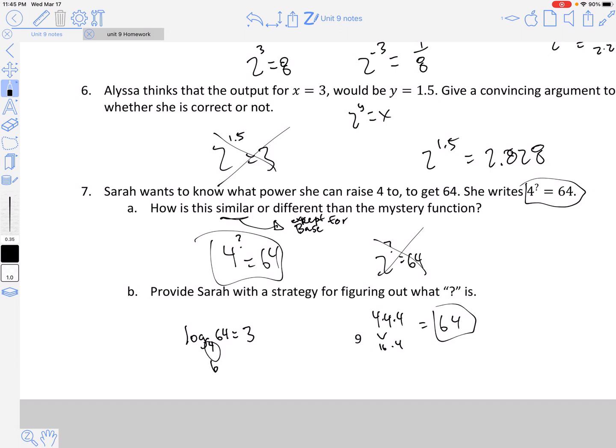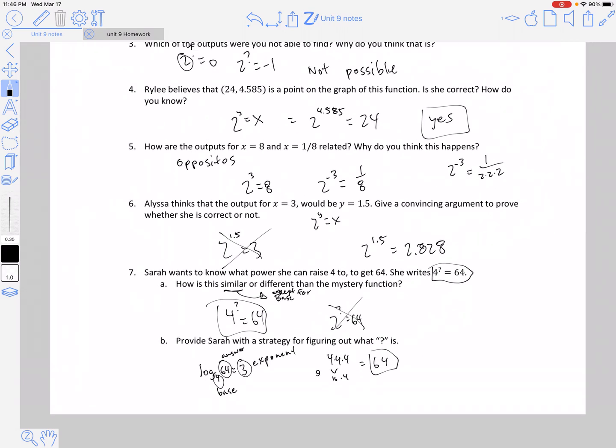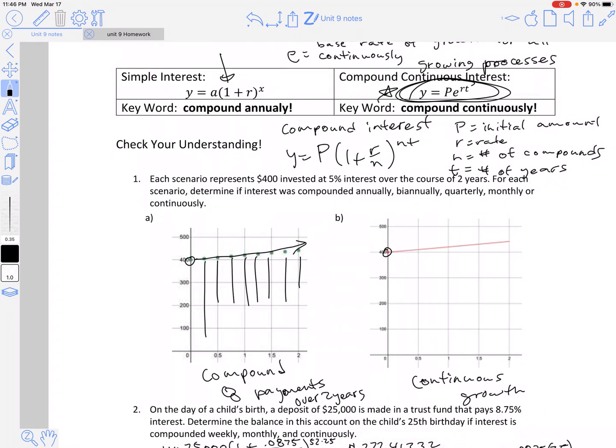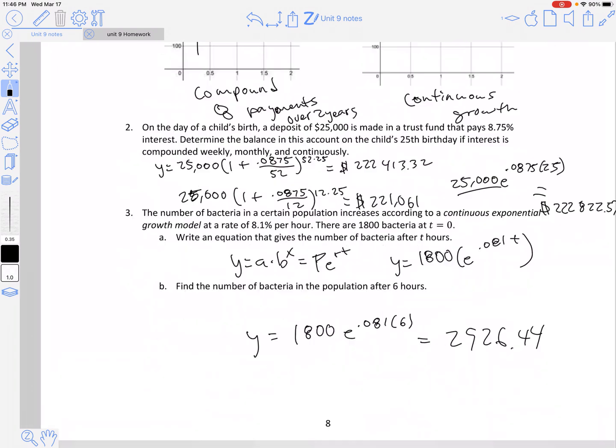So base, exponent, what it creates. I'm going to call this the answer. Not the answer to this problem, because the exponent is the answer. That's what we're trying to find. If you remember last time that we were here, you had to do these exponential problems.